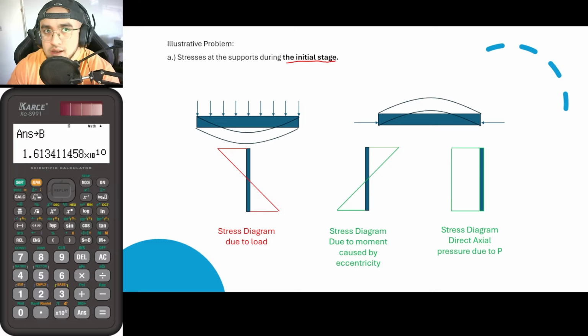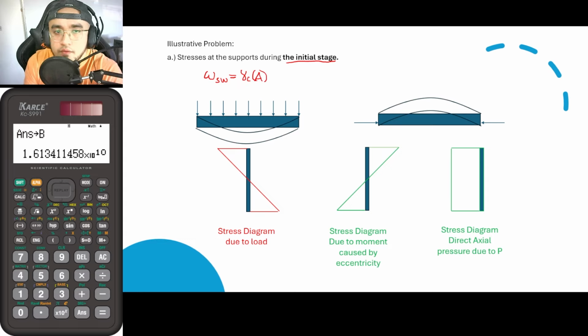So since its own weight would now be for all stages, initial stage, final stage, it would carry its own weight. So from that, guys, for our uniformly distributed load, and I will be subscripting this into SW, or its self weight, that is actually equal to the unit weight of concrete times the cross-sectional area of the concrete.